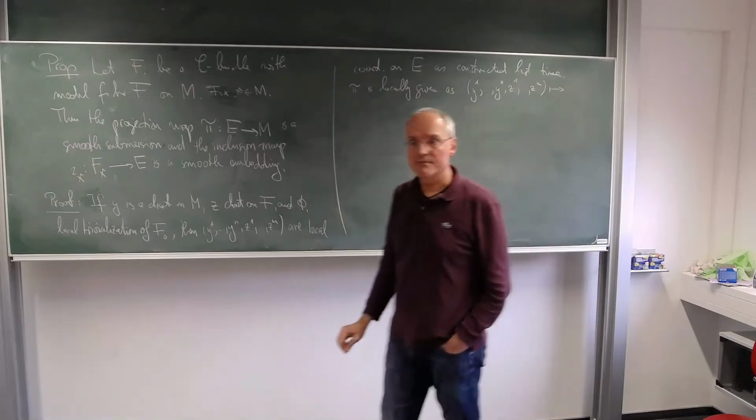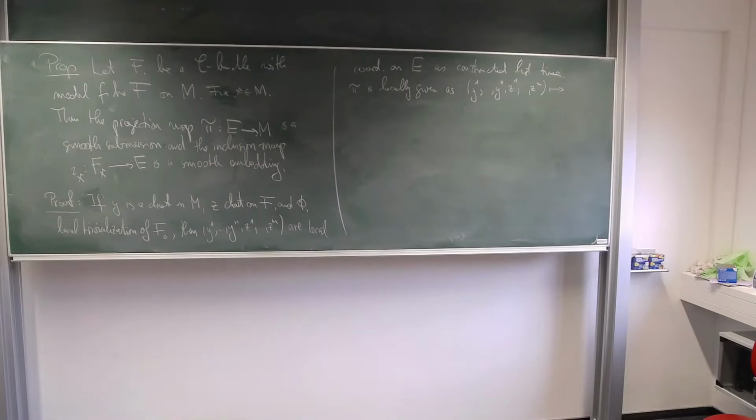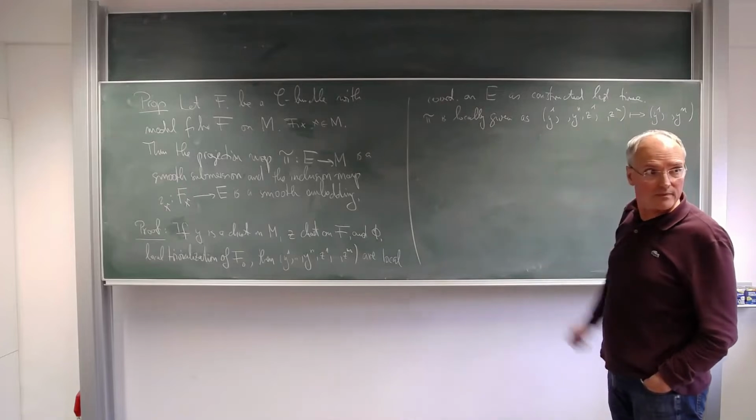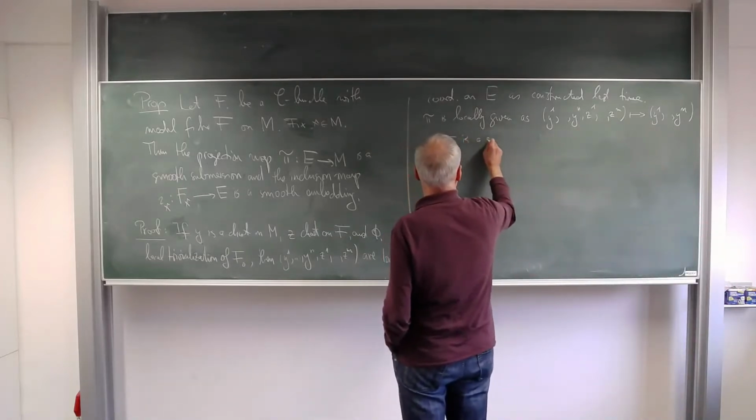And what is the result? So what's the local expression for this projection now? And you also see that the differential is surjective. So this shows pi is a smooth submersion.